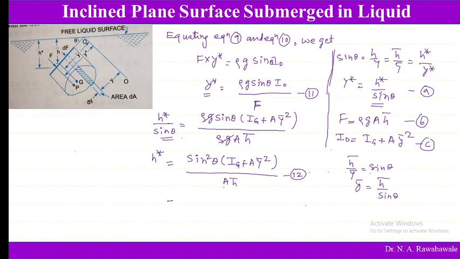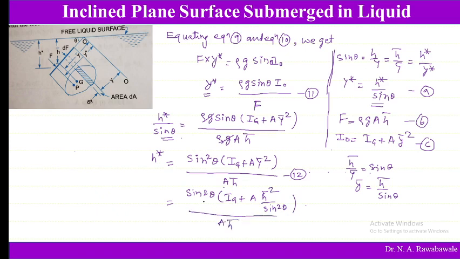So simplifying this, in place of y bar square, we can substitute h bar divided by sin theta. So sin square theta, Ig plus A, in place of y bar square we can write h bar divided by sin theta, h bar square divided by sin square theta, whole divided by A h bar.